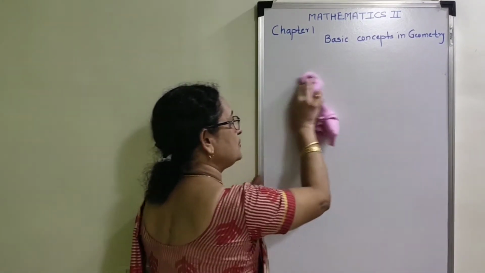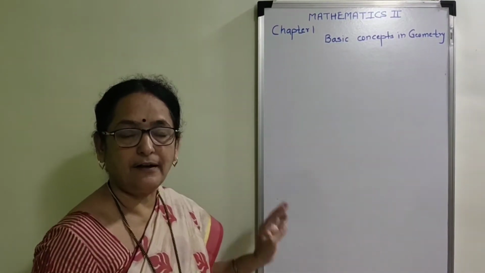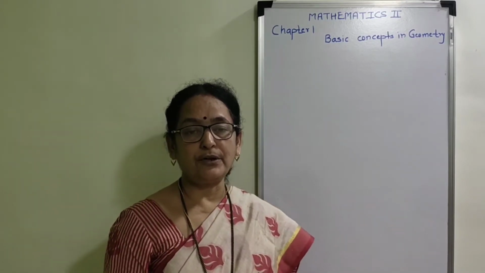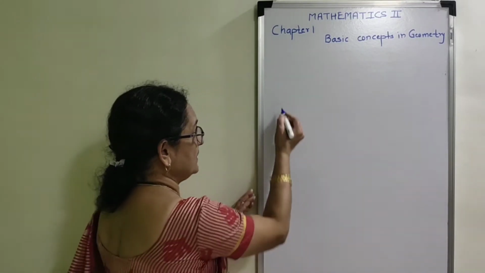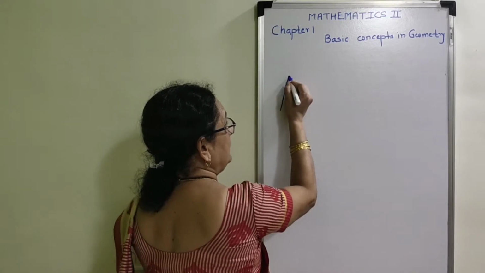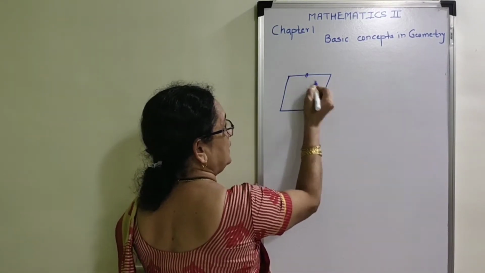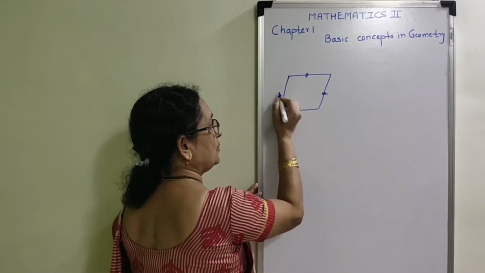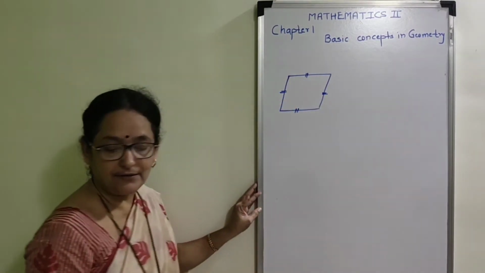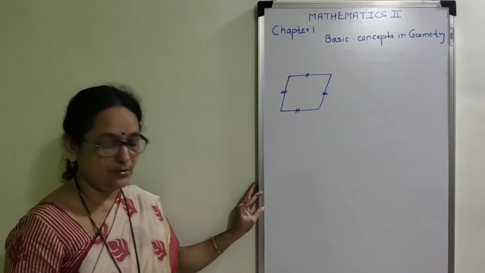We know the important property related with rhombus. That is, when a quadrilateral is said to be rhombus, what is the definition? When all four sides are congruent to each other, then that quadrilateral is said to be rhombus.